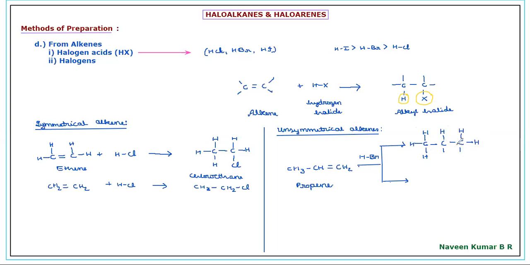Now this double bonded carbon will be cleaved, and in its place the addition reaction takes place. One carbon accepts hydrogen and another carbon will be added with the halogen. One is halogen and another one is hydrogen.